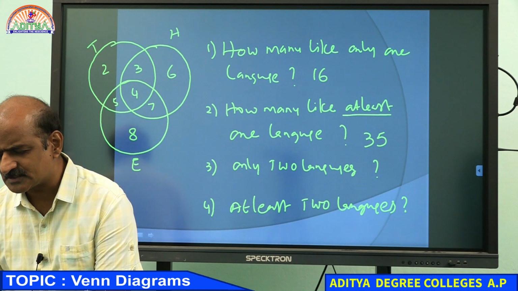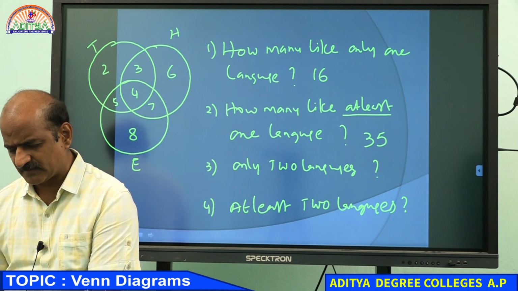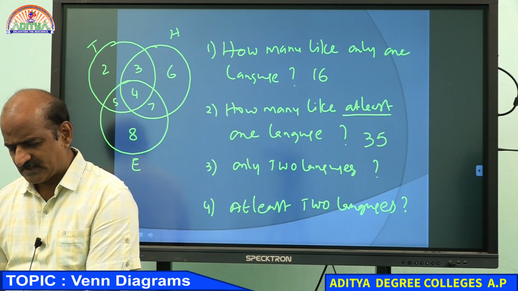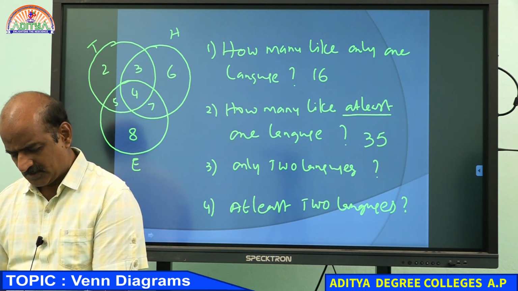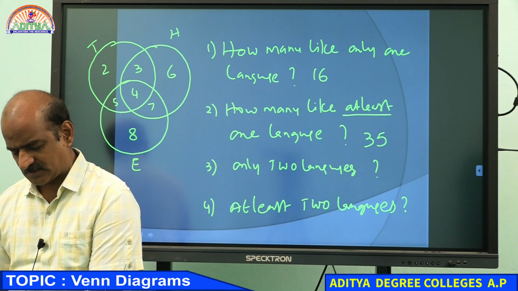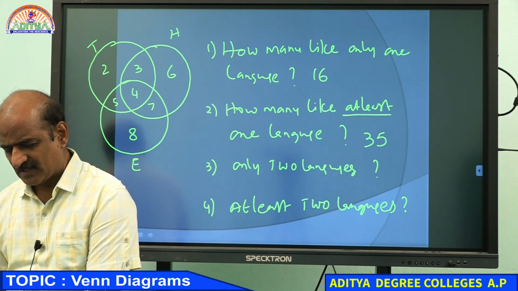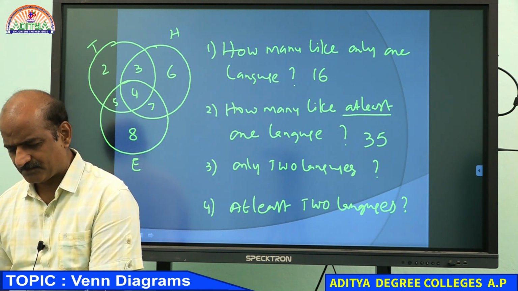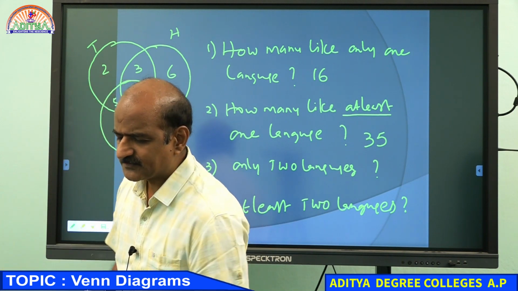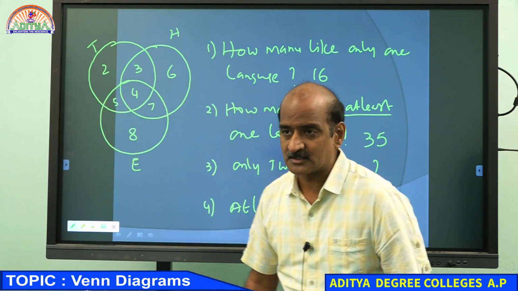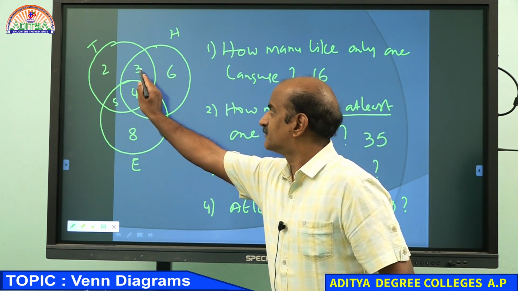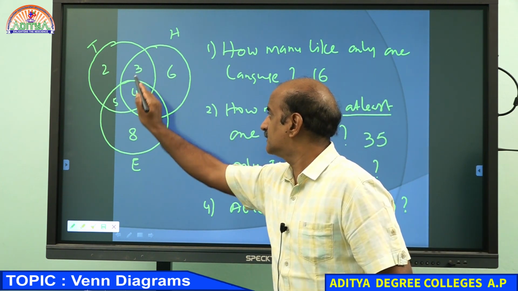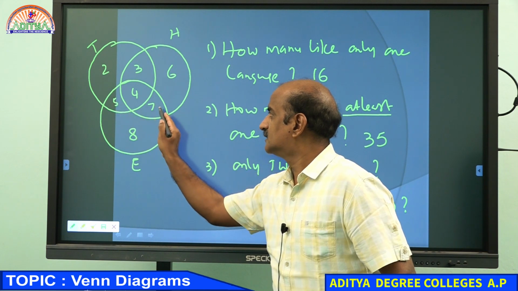Yes, students, it is very impressive to see that you are responding so well. Question number 3, I asked you to find only 2 languages. Only 2 means 3, 5, 7.